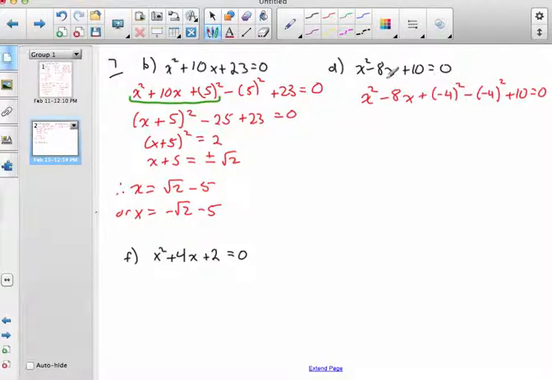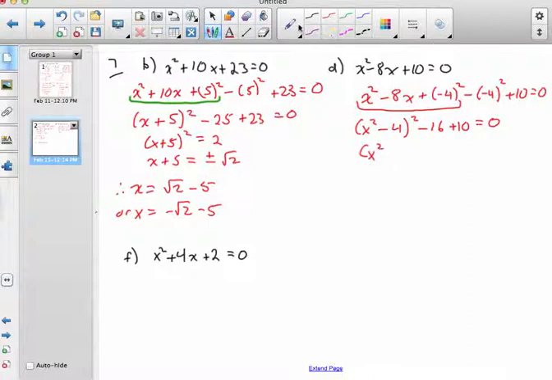Now, this whole business here, this chunk, is going to give me x squared. Okay. Now, the reason I left it as minus 4 all squared is because I want to make sure that I have minus 4 in here and not plus 4 by accident. Minus 4 all squared. Okay. Now, this becomes minus positive 16, right? That squared is positive 16. So minus positive 16 plus 10 is equal to 0.